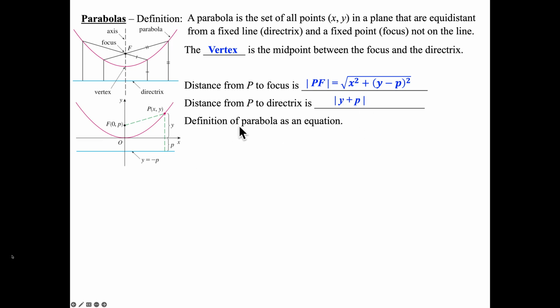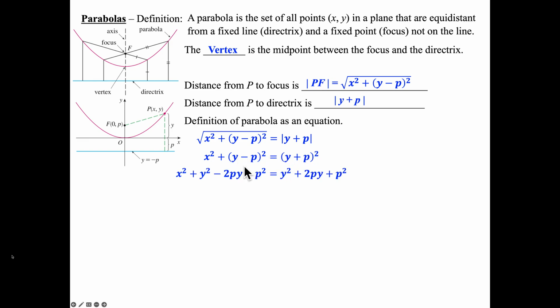So to find the definition of a parabola as an equation is to set these two things equal to each other. I don't want the square root symbol here, so I square both sides. Now I'm going to FOIL both of these out, so a lot of these terms are going to be the same. You're going to have x squared, and y squared minus 2py plus p squared when I FOIL that out.